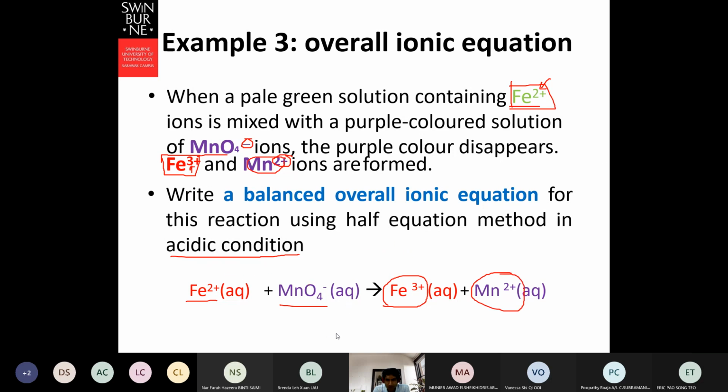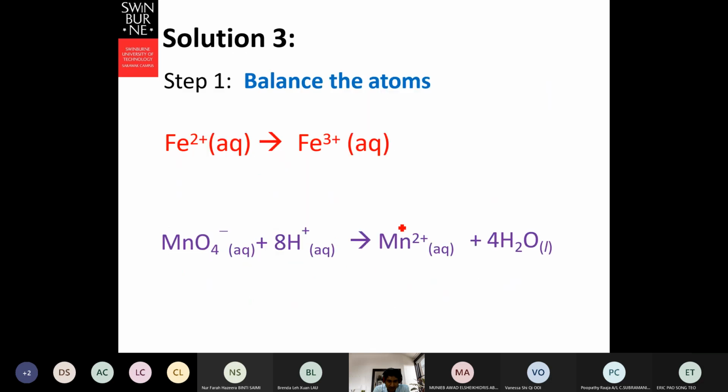So now, what else do we have to do? Because there are 4 oxygen here, and it's almost, we don't have to multiply or anything. It's almost okay. Just need to balance the oxygen.